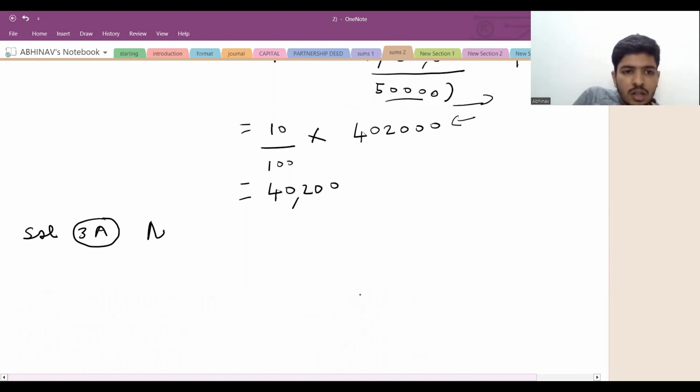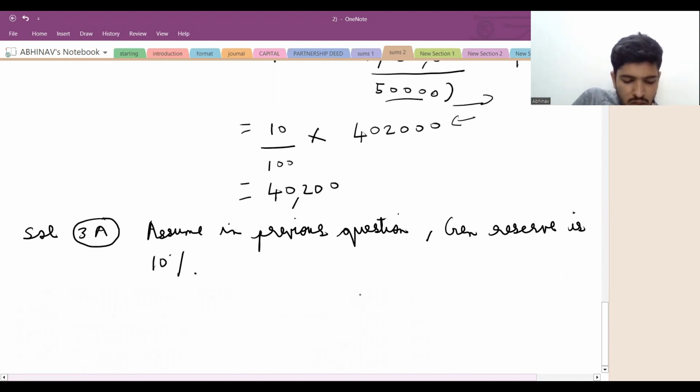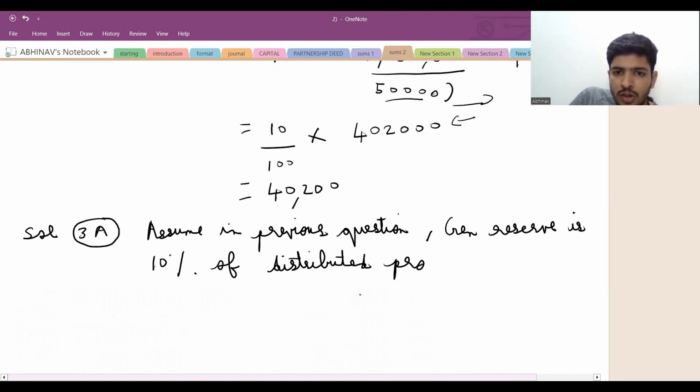Then assume in previous question general reserve is 10 percentage of distributed profit.